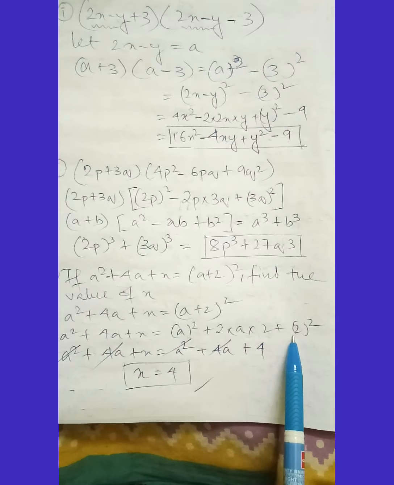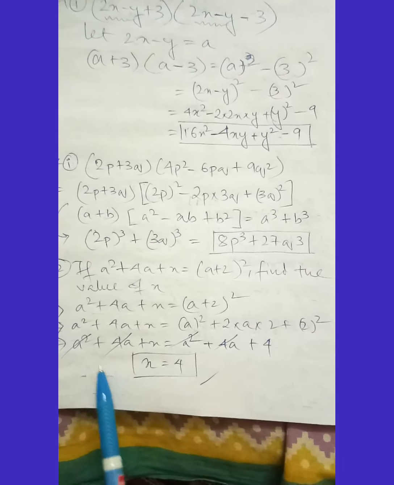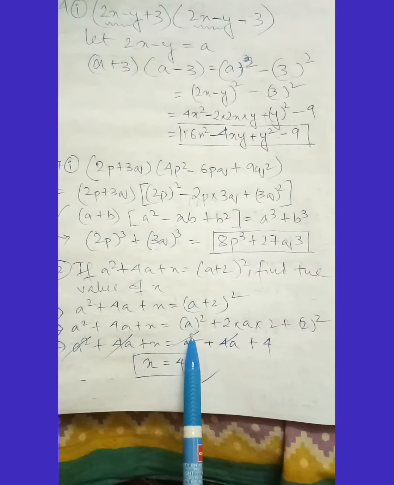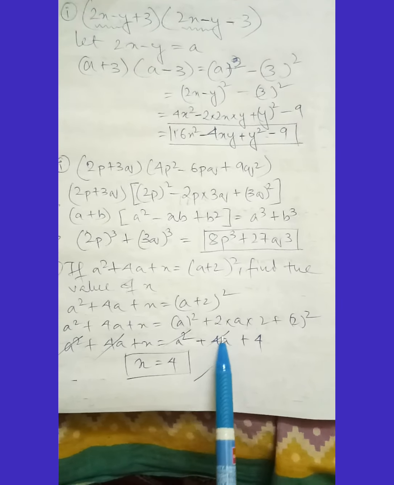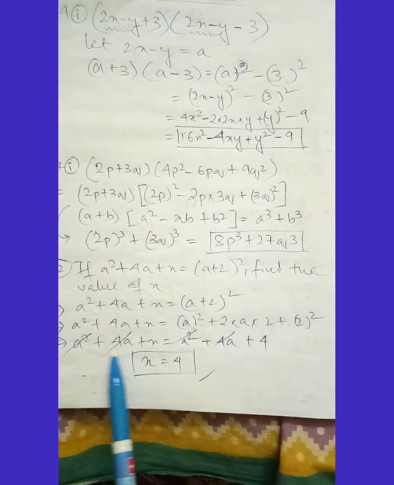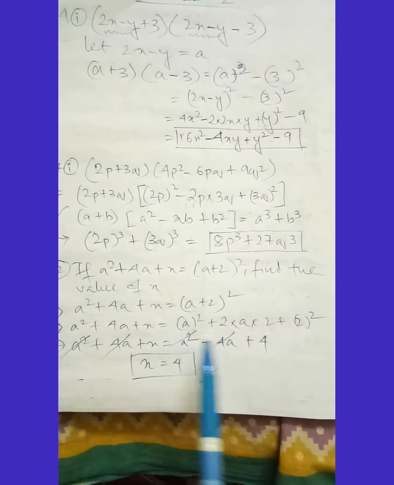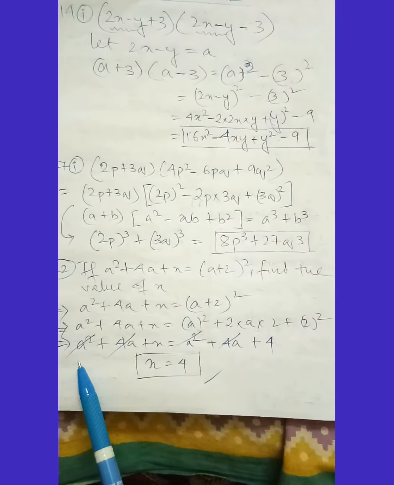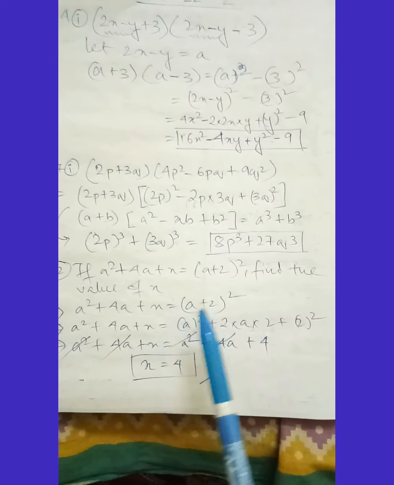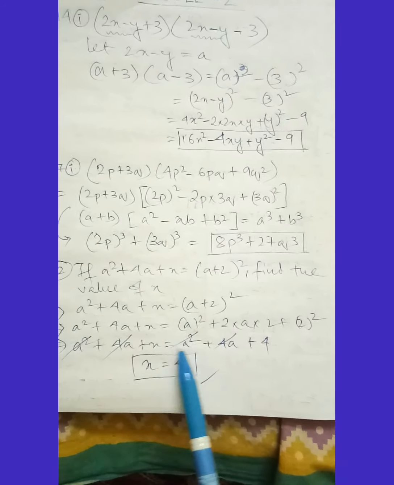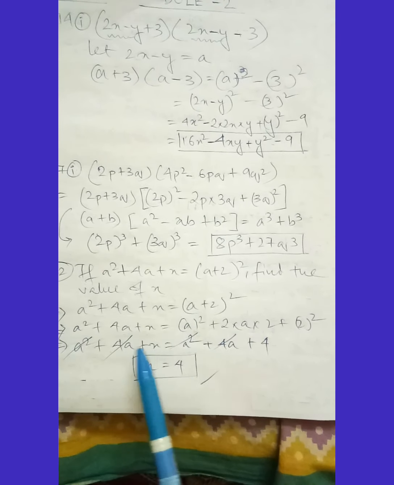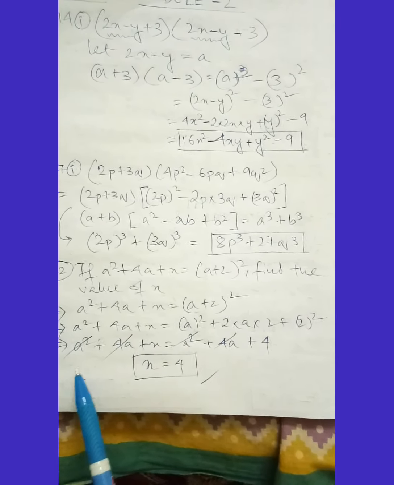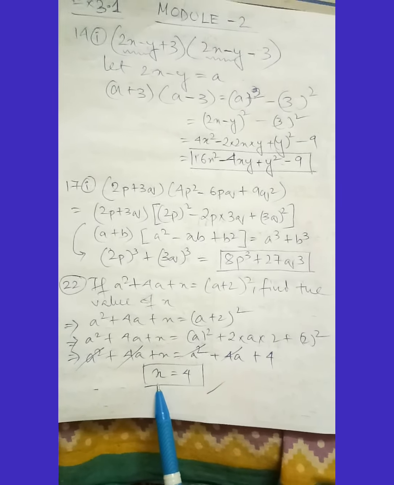Now from here what you got, a square plus 4a plus x equals a square plus 4a plus 4. These a squares and these 4a will cancel out. You can do it by taking this side also, but I told you we can easily cancel when there is an equal to sign and both sides have the same term. Okay, now finally we have got x equals 4.